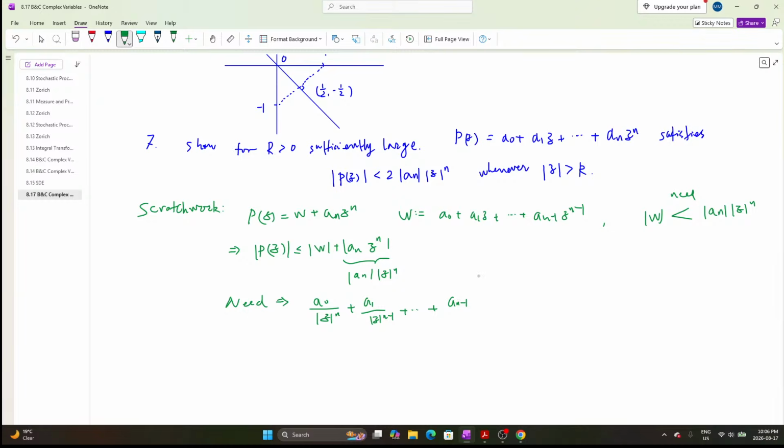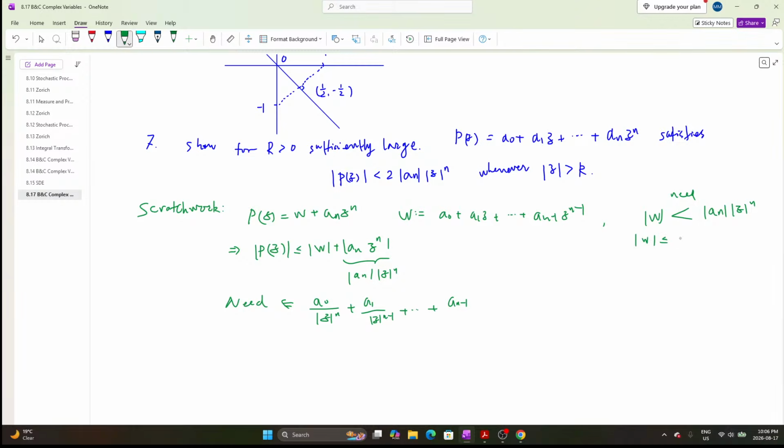Anyway, coming back here, we need the modulus of w to be less than the modulus of a_n times the modulus of z to the n. That's what we want. And w has an obvious upper bound, so we can use the triangle inequality to estimate w.